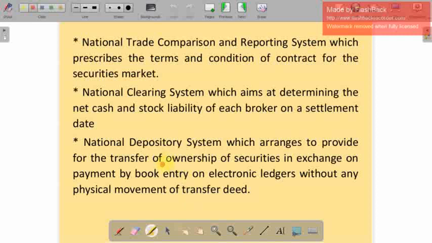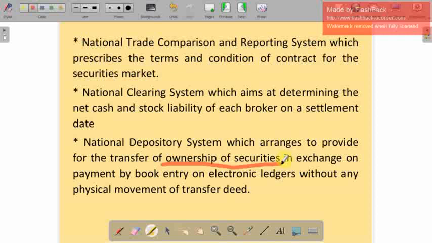So what is the ownership of securities? For example, I have 1,000 shares in a particular company. I am the owner, the shareholder of that company. Now I need money, so I want to sell my shares to another person. If I sell them, my shareholder ownership is also transferred to the other person. That is the transfer of ownership of securities.